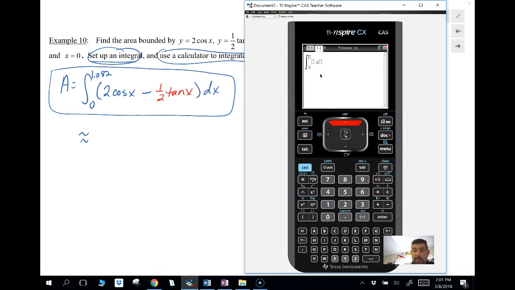So 0 to 1.082, we've got 2 times the cosine of x minus 1/2 times the tangent of x, and then dx.